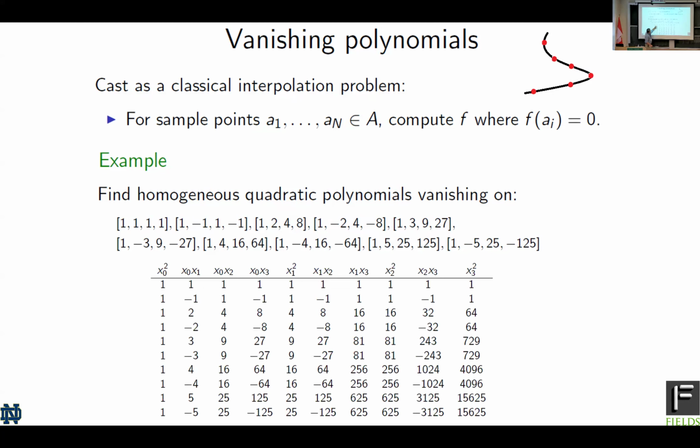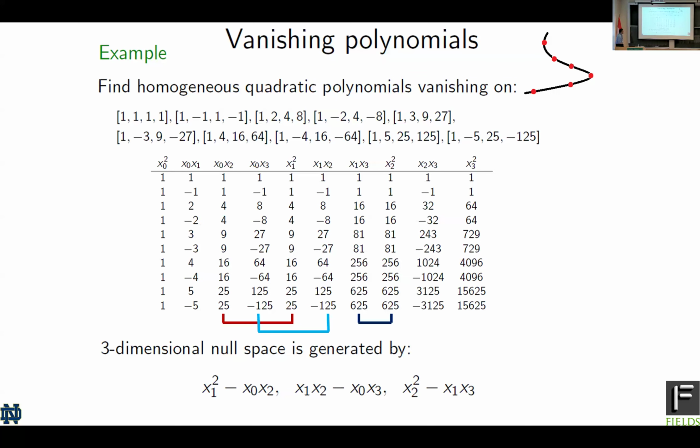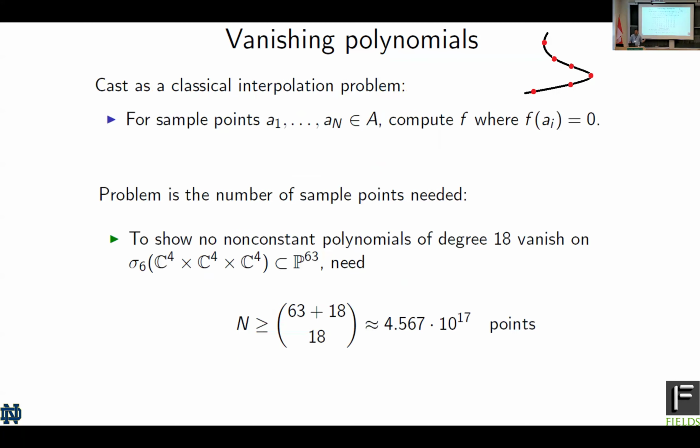Take 1, minus 1, 1, minus 1, do the Veronese embedding, you get this vector. And now, quadratic polynomials that vanish correspond to null vectors in this matrix. Hopefully you see the 3 null vectors corresponding to them. These 2 columns are equal, these 2 columns are equal, these 2 columns are equal. Okay, that's great. Works for the twisted cubic. Come back to this problem.